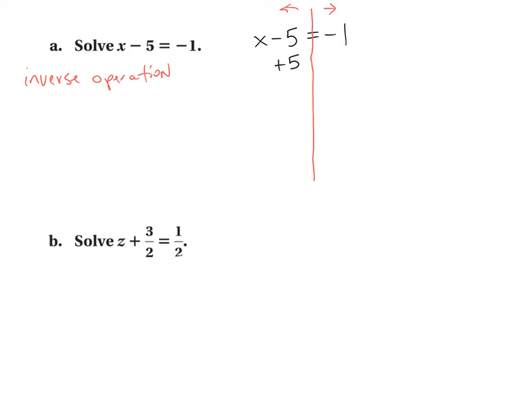Then I have to do the same thing on both sides. -5 plus 5 equals 0, or I can just cross them out. And then the only thing left is this x, and that's what I want, and I'm keeping my equal signs lined up. And now +5 and -1, right? That's where I have to sing the song, okay? Now you guys have to focus on these because it's not as simple.